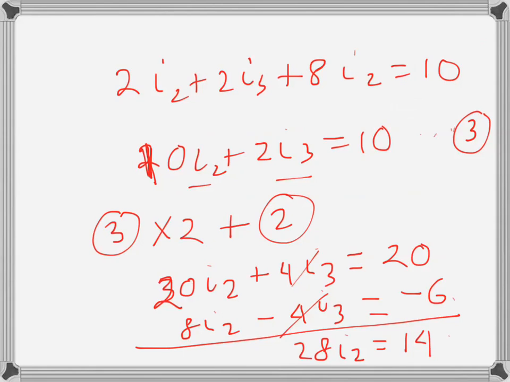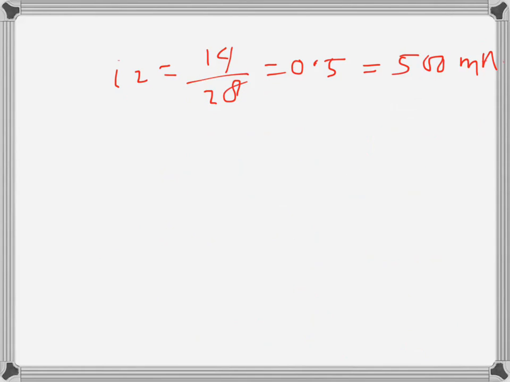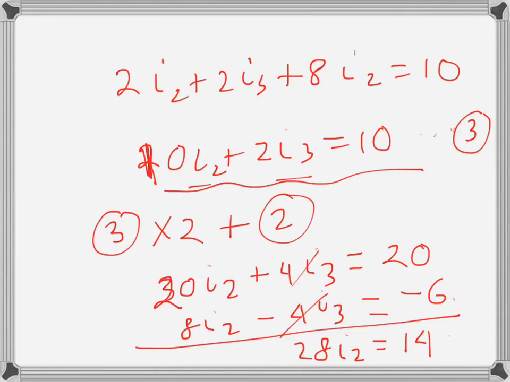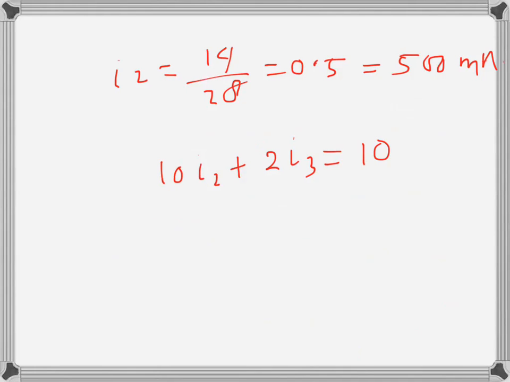Then if we substitute back in any of these equations, maybe this one, we have 10I2 plus 2I3 equals to 10. So that's 10 into 0.5, which is 5, plus 2I3 equals to 10, sorry.